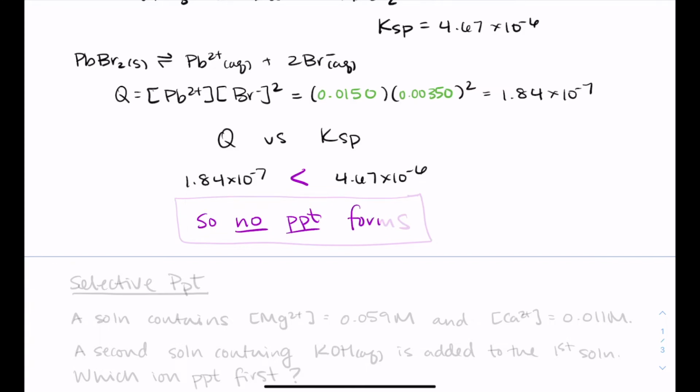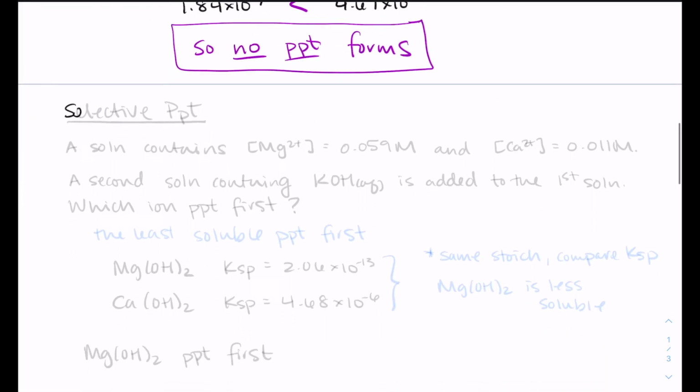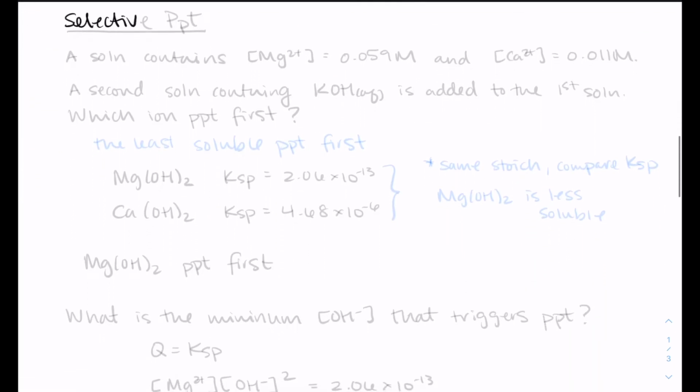All right, selective precipitation. This is just manipulating which precipitates first. So depending on the type of analysis you're doing or what you want to know about a sample, you may want to find the concentration of one ion before another.